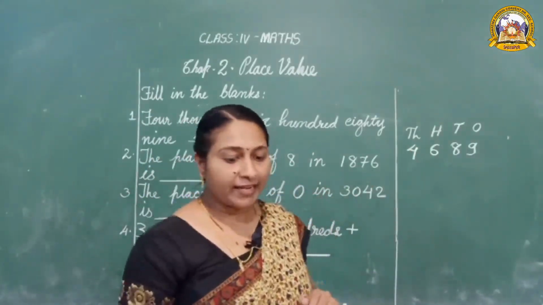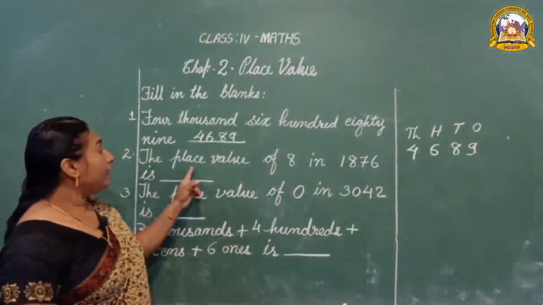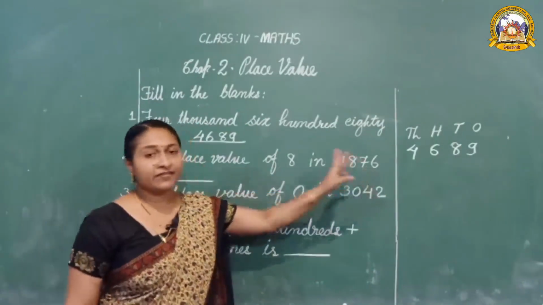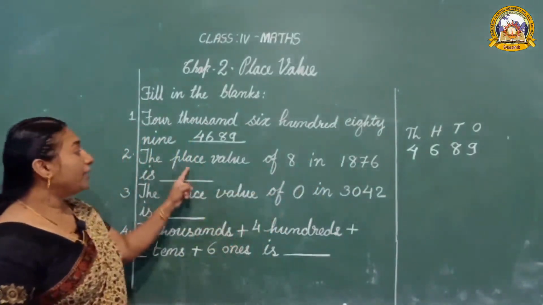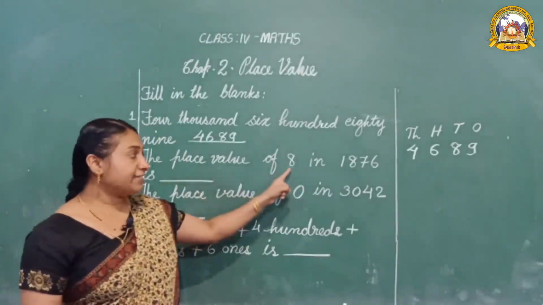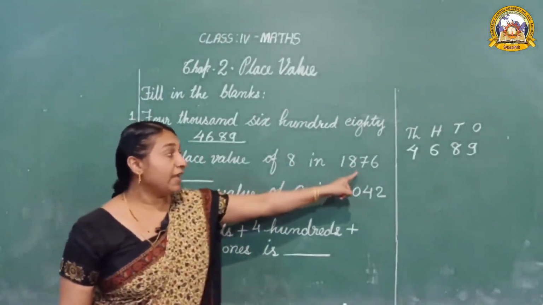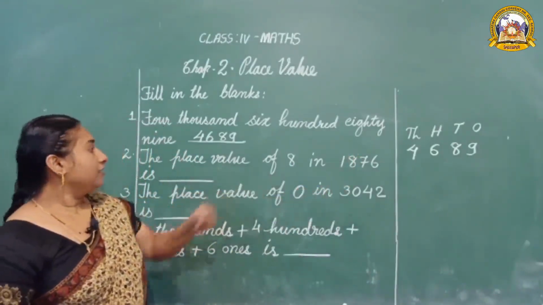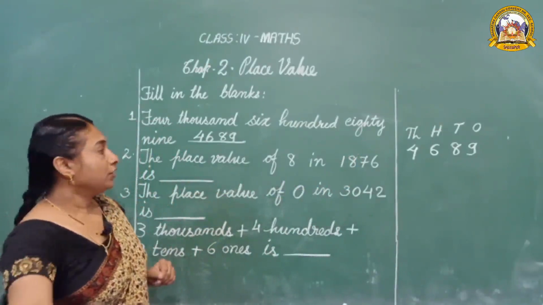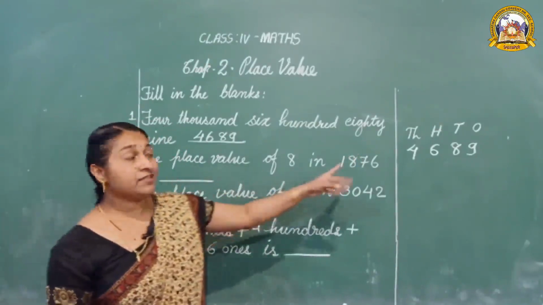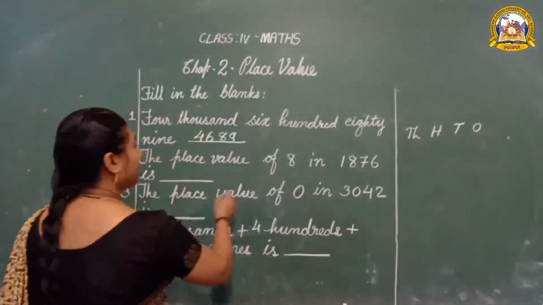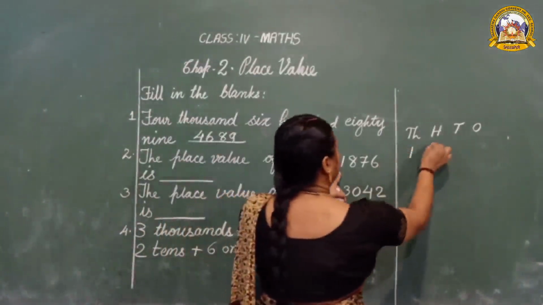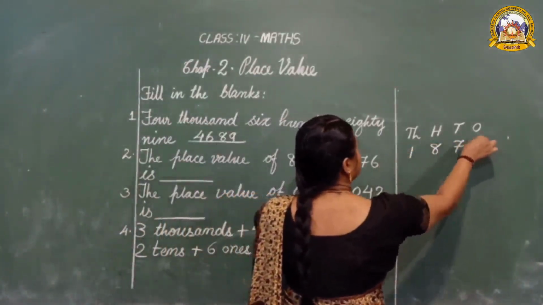Okay. Next, our second. The place value of 8 in 1876. We can write it in the place value chart. Look here, how many thousands are there? Only 1. 1876.